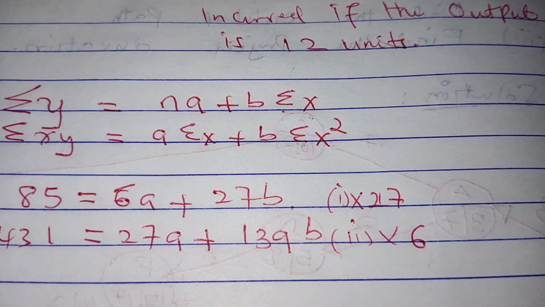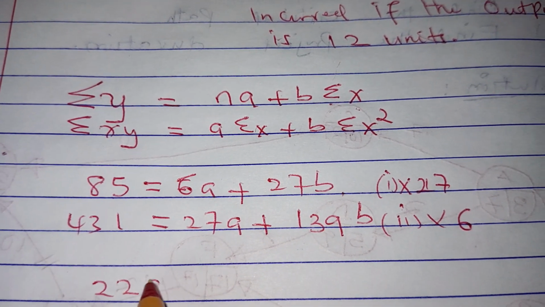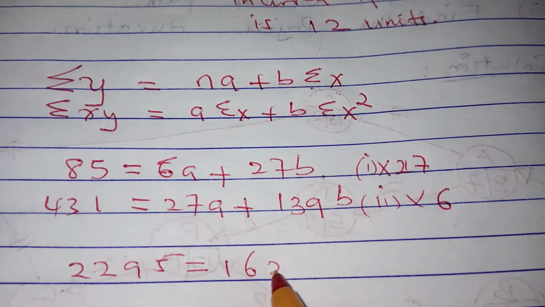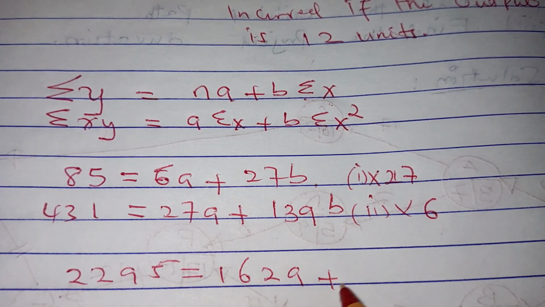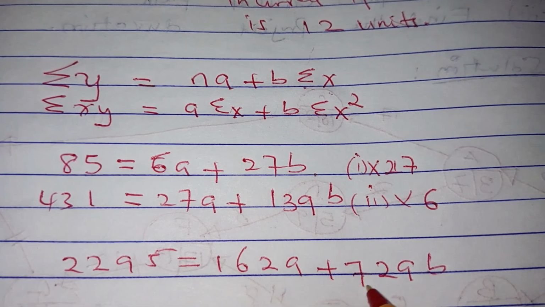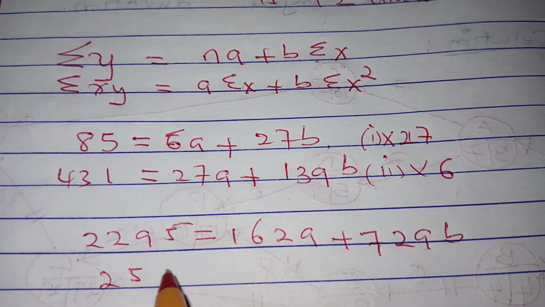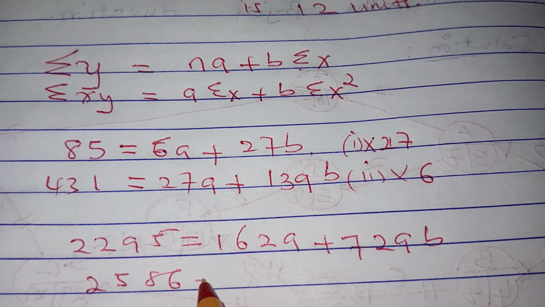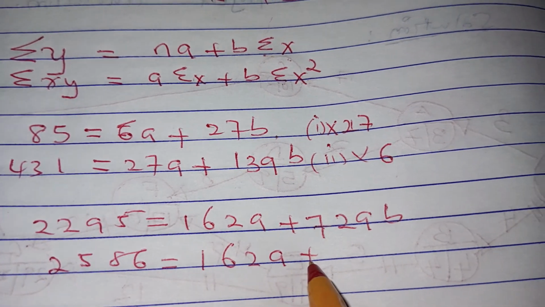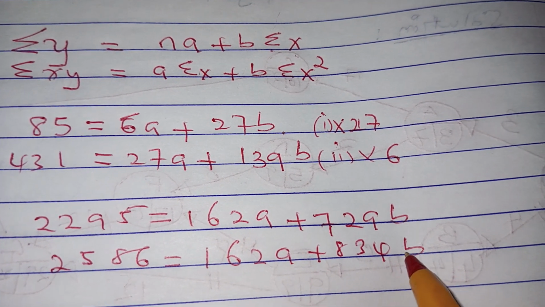What we get is 27 times 85, which is 2295, equal to 162a plus 729b. The second equation gives me 2586 equal to 162a plus 834b.